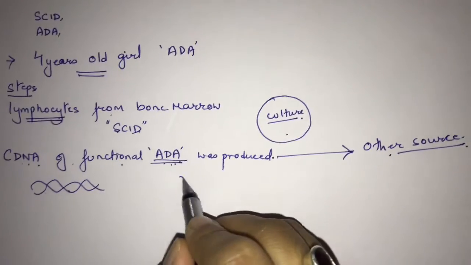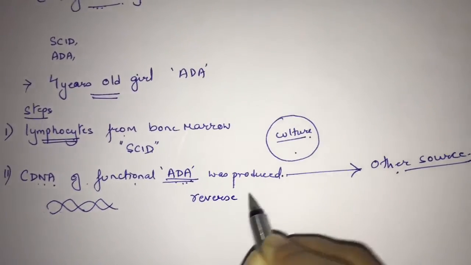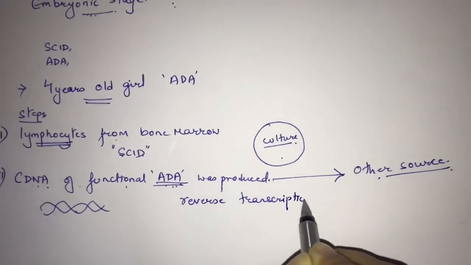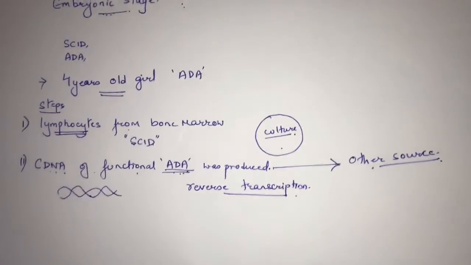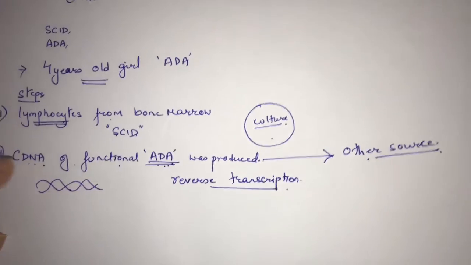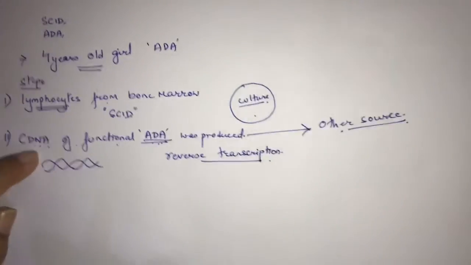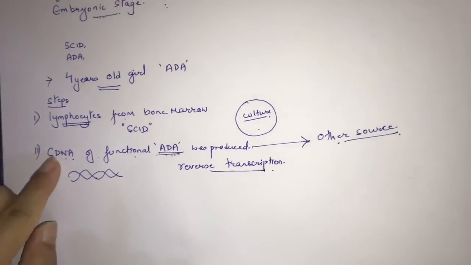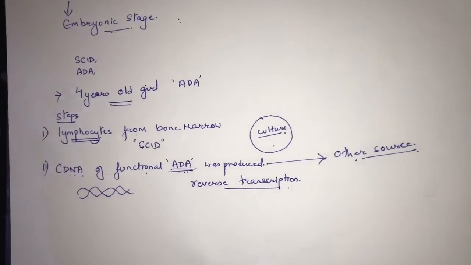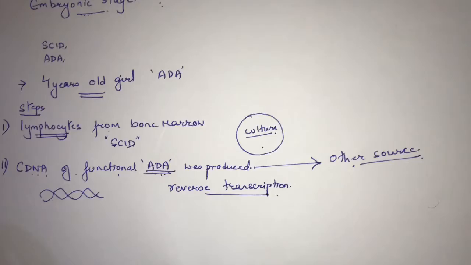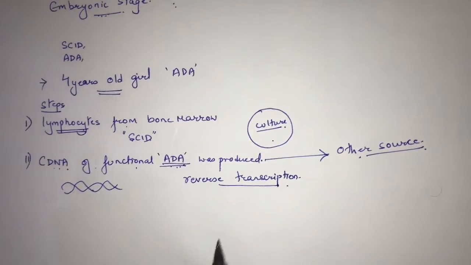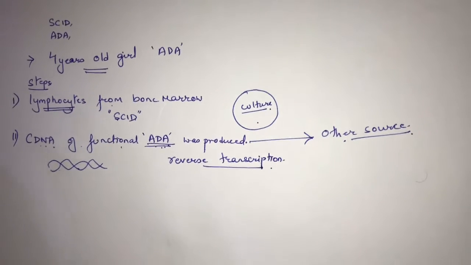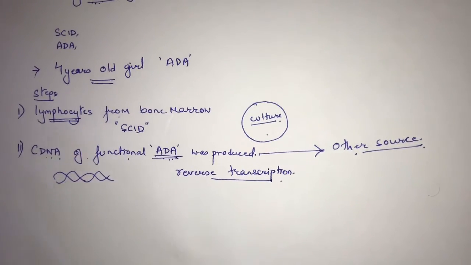How? Through reverse transcription, because cDNA is the DNA which is produced from RNA. If mRNA is produced from DNA, it is called transcription.